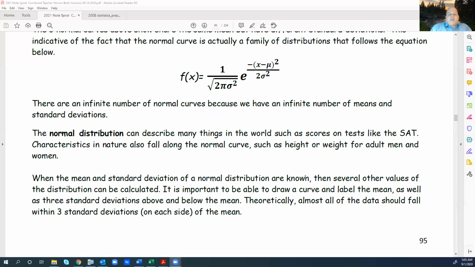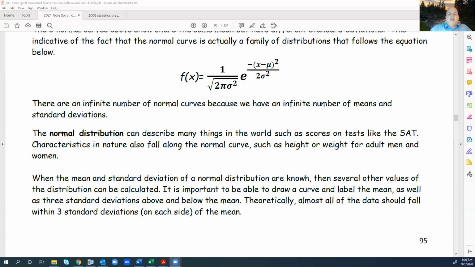That said, some things don't follow the normal curve, like income in the United States. However, if we take a large enough sample, by a concept that we'll discuss much later, the averages will become normal, or approximate the normal, by the central limit theorem. So the normal curve is extraordinarily important.